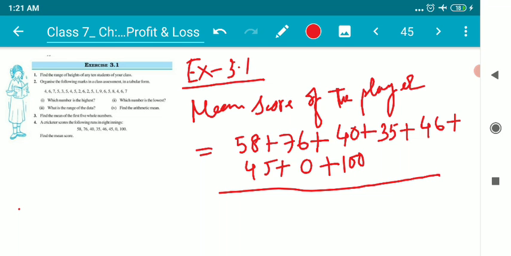He played all 8 innings, so divided by 8. So children, the process of getting the arithmetic mean is the sum of all the data given, divided by the number of data. Now our job is to add all these numbers.